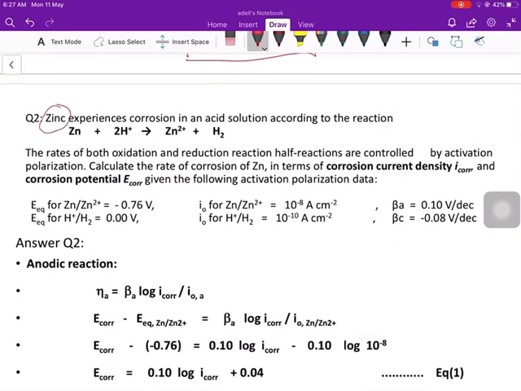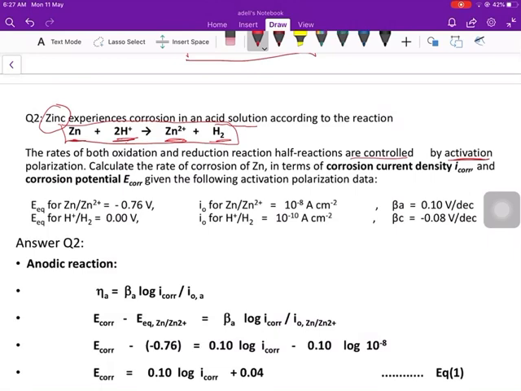per year. Next, this time the metal is zinc, experiencing corrosion in acid solution according to the reaction. The overall reaction is given. Zinc will dissolve to zinc 2+, and the cathodic reaction is hydrogen evolution.